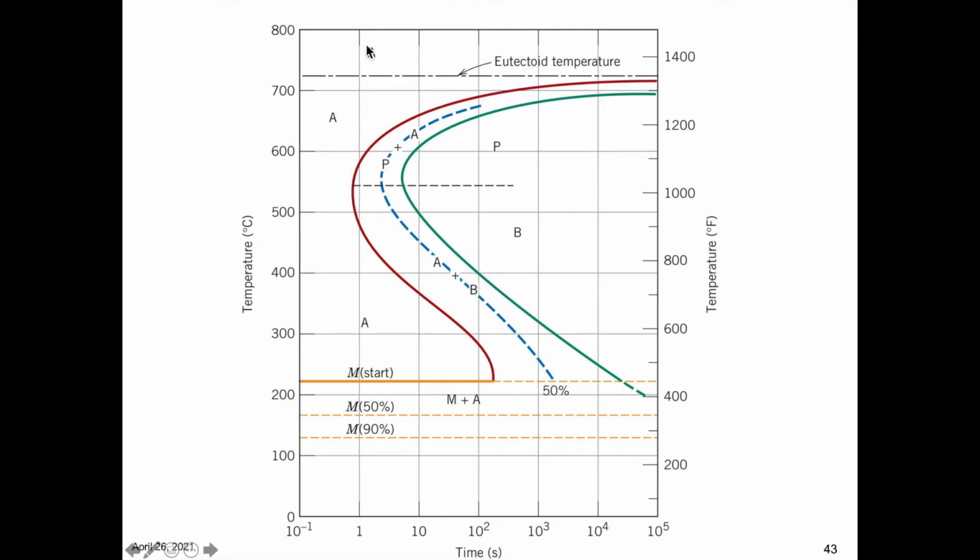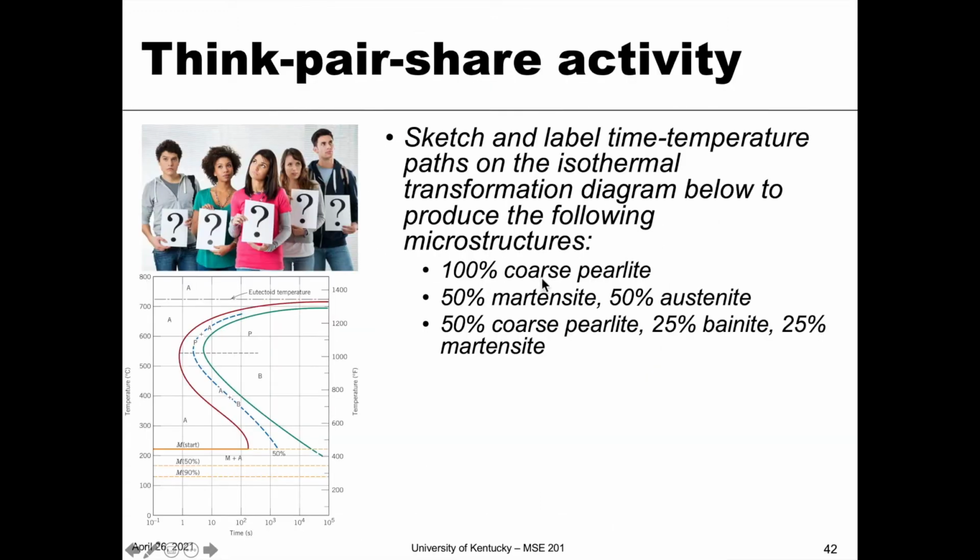The A represents austenite, M martensite, P pearlite, B bainite. So if we're looking for pearlite, it's going to be in this region above roughly 550. So we have to do it above 550. But the other thing we have to consider is the term coarse. If you'll recall from a few modules ago, the coarseness was a function of temperature.